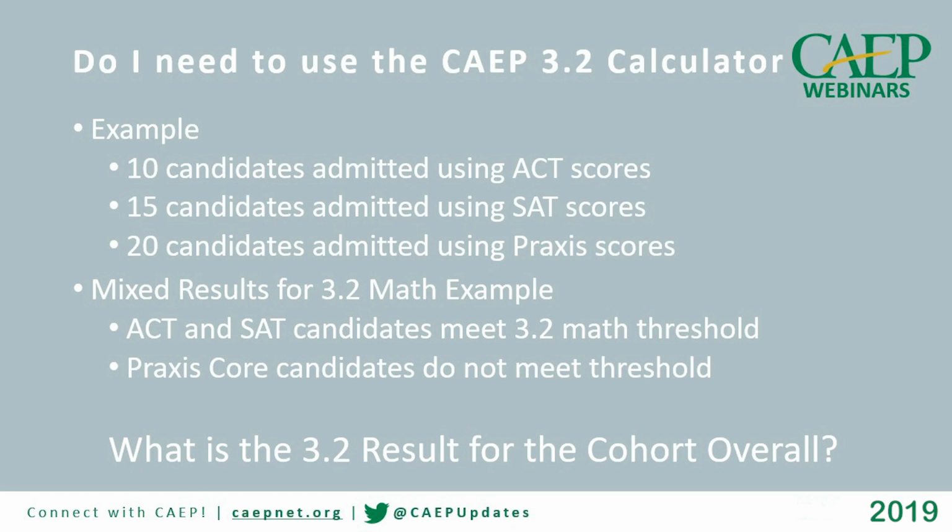And when you take the average for the SAT candidates, they meet the 3.2 math threshold. However, it may happen that when you take the average for the 20 Praxis Core candidates, they do not meet that threshold. Here you have obviously a mixed test situation, and you have mixed results. So the question the calculator is designed to answer is, what is the 3.2 result overall for the cohort?